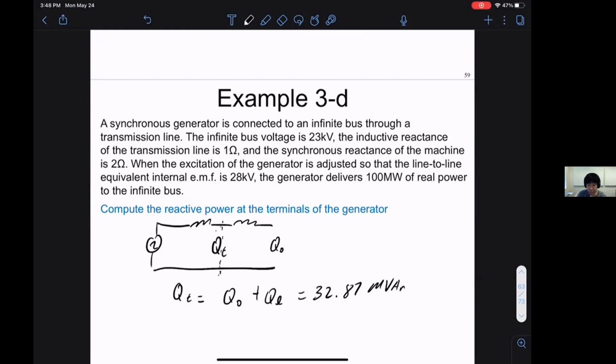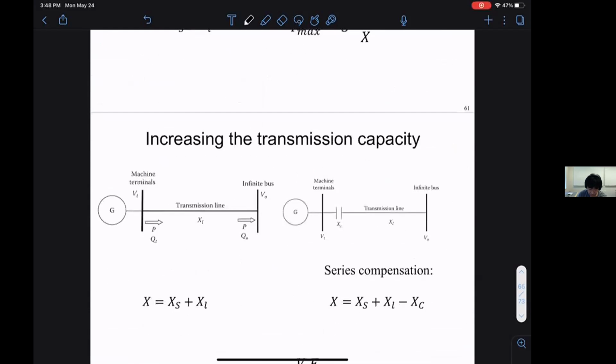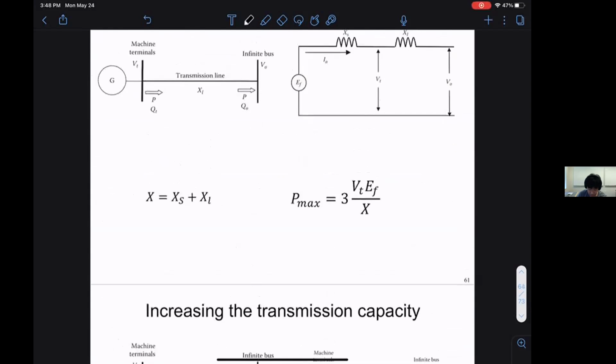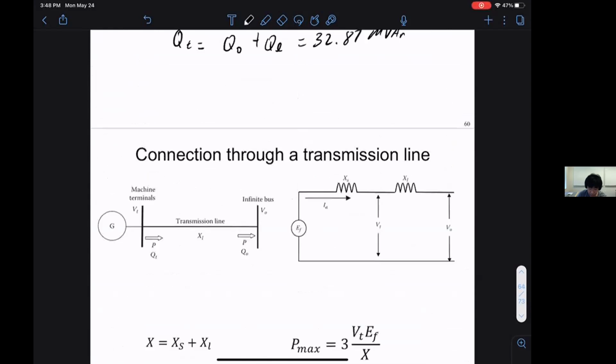The last thing we'll say for this synchronous generator, as we hinted before in the lecture, is something about the transmission capacity.